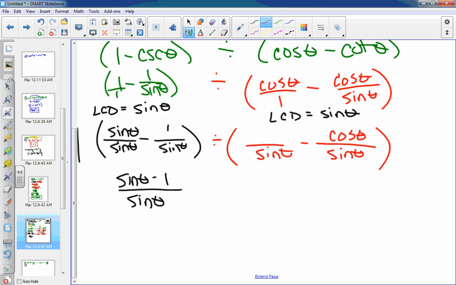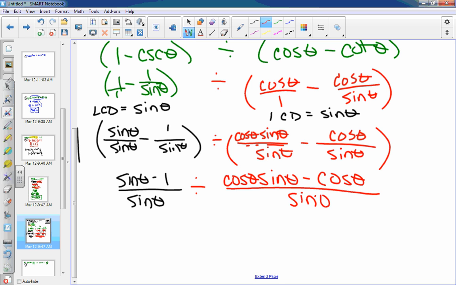What should I do to the bottom? So that's going to be sine of theta times what? Okay, now what? Marry them and write it as 1 fraction. So I'm dividing by the cosine sine theta minus the cosine of theta all over the sine of theta.